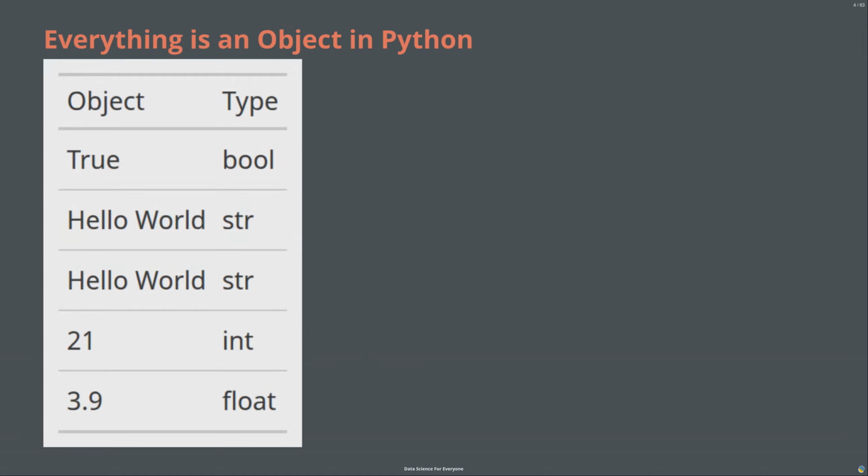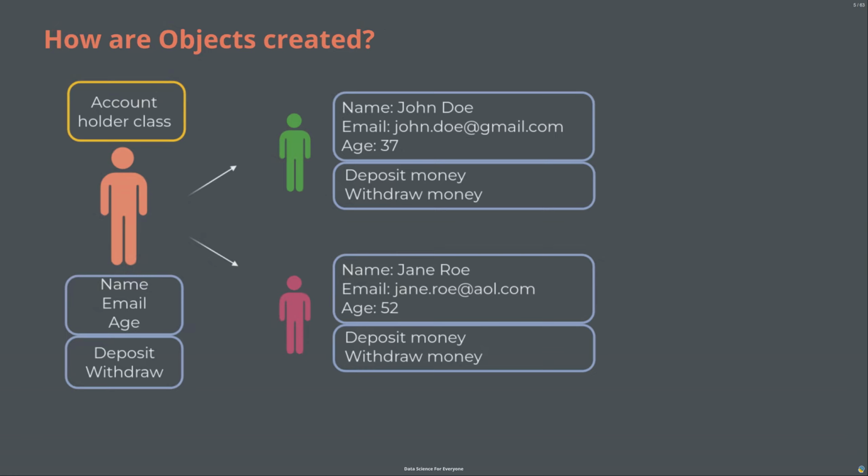Numbers, strings, booleans, functions, and even pandas data frames are objects. But how are objects created? This brings us to the core concept of object-oriented programming, which are classes. A class acts like a blueprint for creating objects.